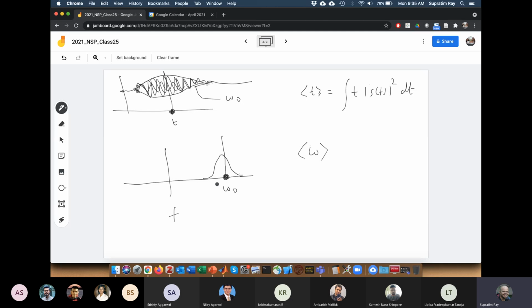But I actually won't get this value. Now, who can tell me why I won't get this value? It's a tricky question, but if you think through this, answer this question. In fact, I'll tell you that the mean frequency is going to be 0. Why?